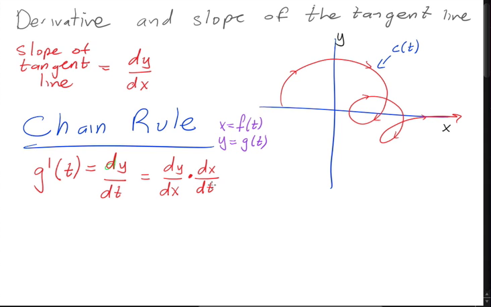And remember, the easy way to remember this is because it's kind of like the dx's cancel, and you just get dy over dt. So that was one of the ways of writing the chain rule, if you remember from way back when. Okay, now notice that dx over dt, what is that? Exactly, that's f prime of t, right? So this is dy over dx times dx over dt right here. This is f prime of t, right?